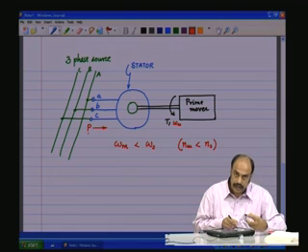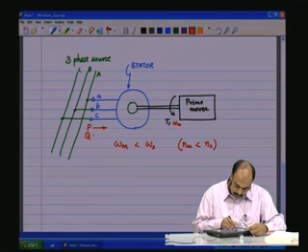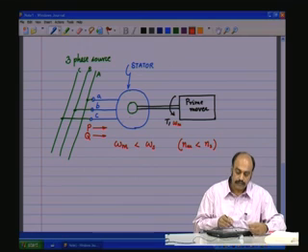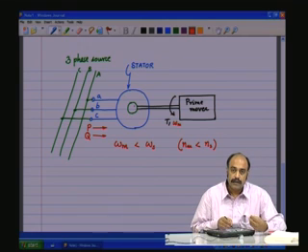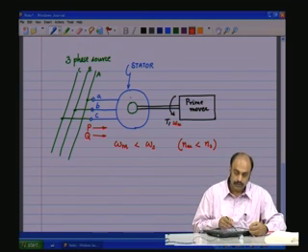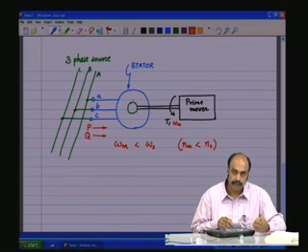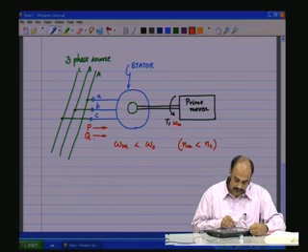There is also a reactive component, and that reactive component is used for supplying the magnetizing energy to build up the flux in the induction machine, to build up the rotating flux in the induction machine. So you have the reactive power also coming in from the mains in this direction.